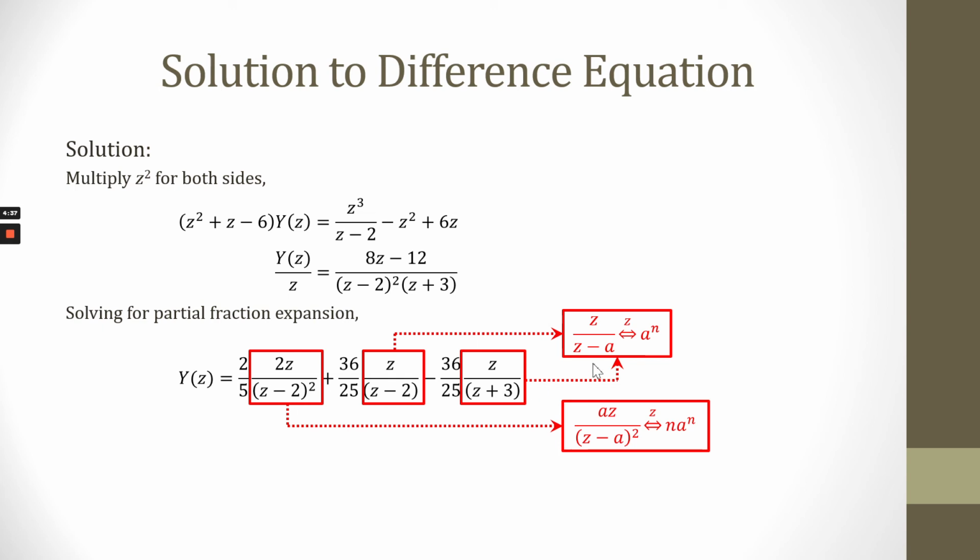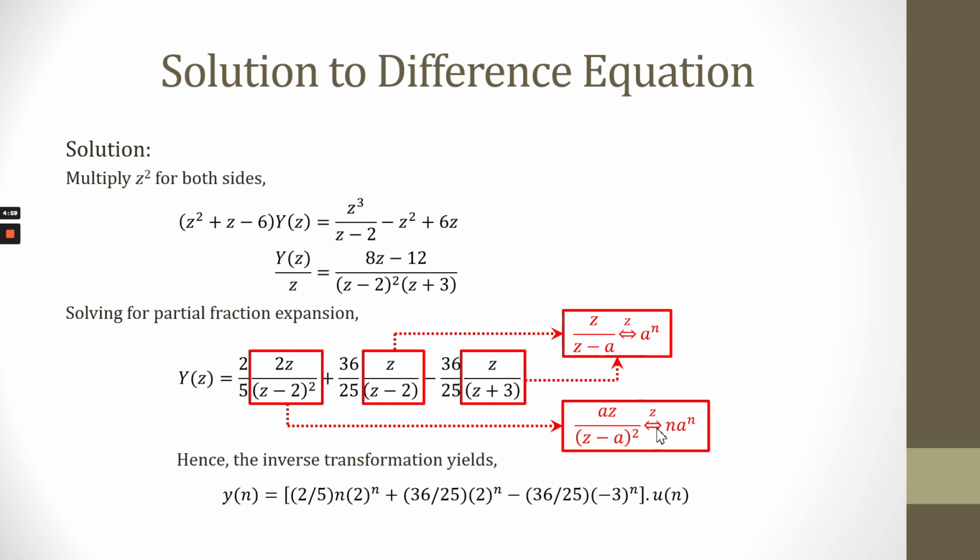While for this one, you can solve the partial fraction using this technique. Okay, so based on this one, to apply the inverse Z transform from this Z equation to the discrete time signal, we can use this formula.